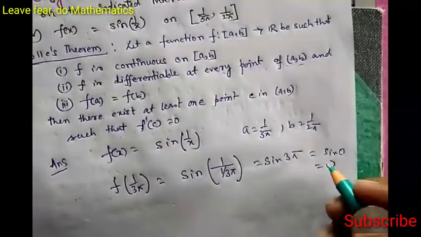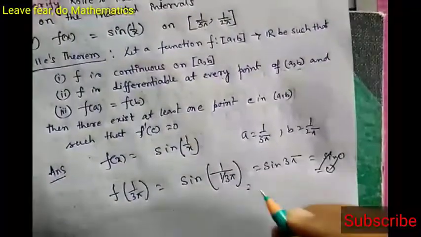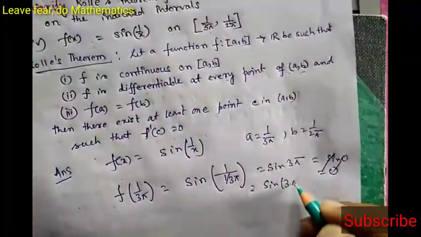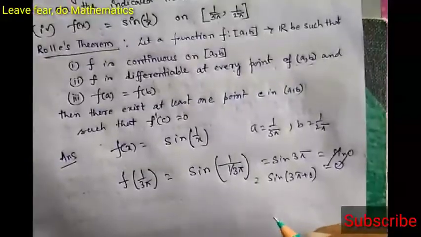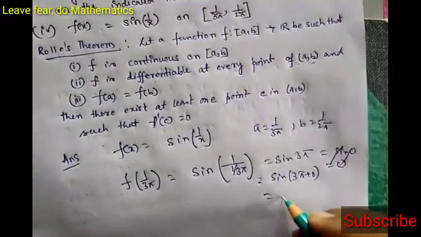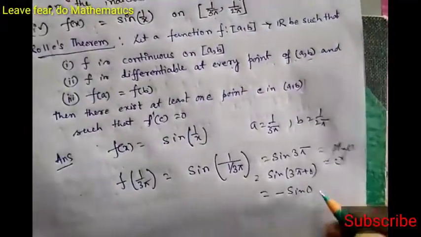Actually, sine 3 pi can be written as sine of 3 pi plus 0, which is minus sine 0, and this equals 0.